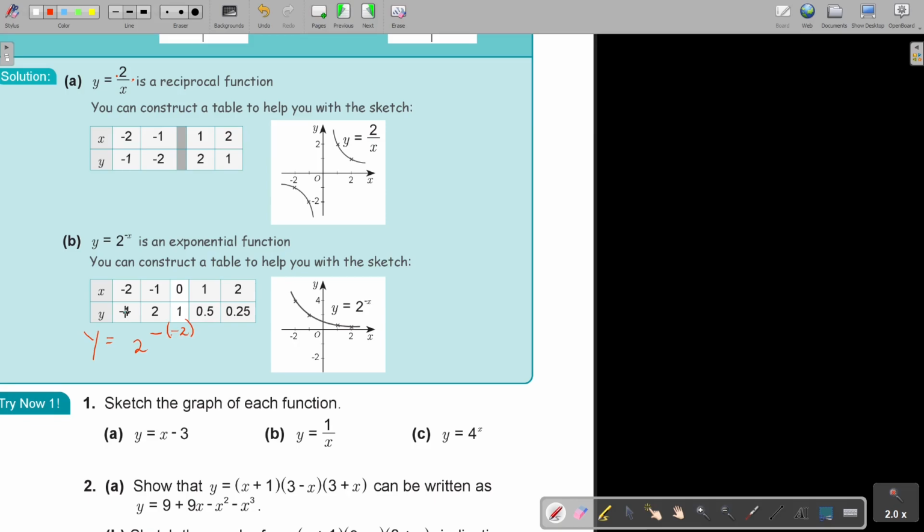And if it's, say for example, in this case 1, so it's y equals 2 to the power negative 1. Then just take it from the top to the bottom, and that's a half, and it's 0.5. Okay, so basically, then I just plot my points and I just draw my curve. I think it's just to make 100% sure you are getting your full marks in this question.